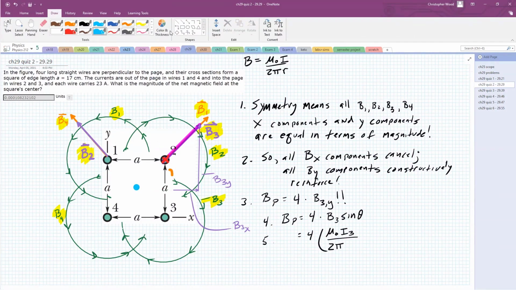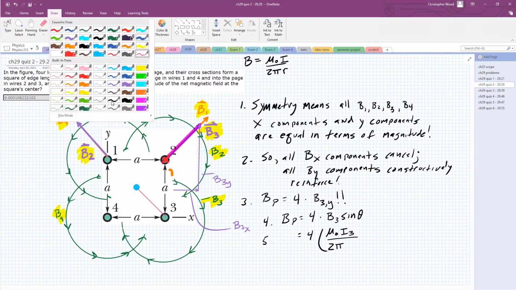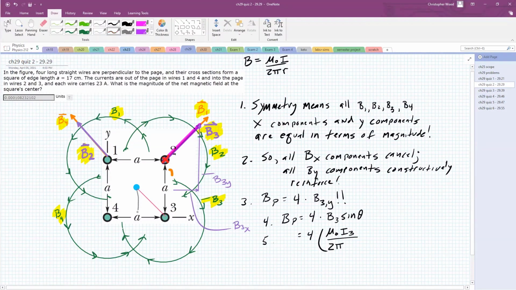This is the distance from probert to point P right here. There's probert, there's wire 3. And if I'm looking at trig here, this would be A over 2, this would be A over 2, so this would be A over 2 root 2.